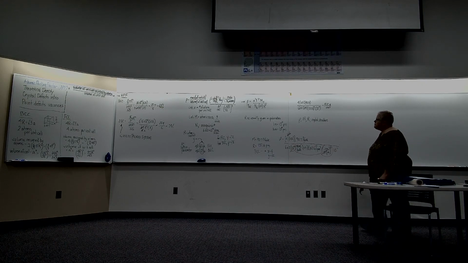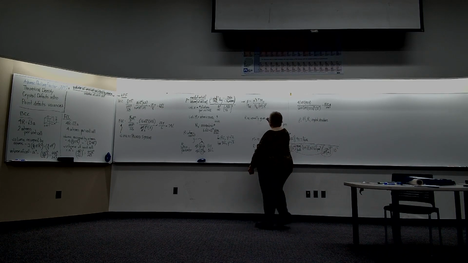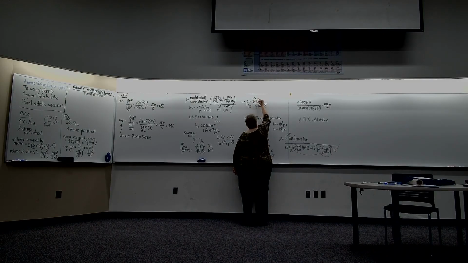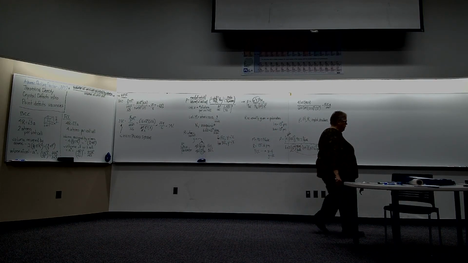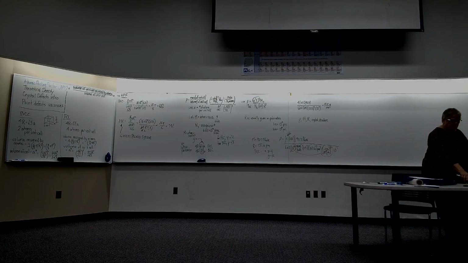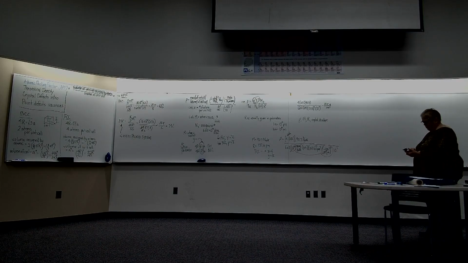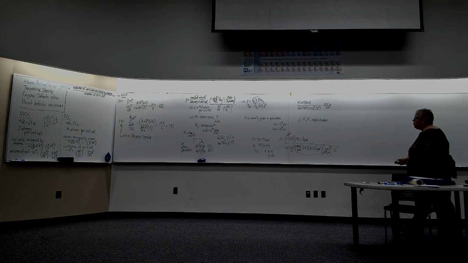Or we could find out what xy cubed is for BCC and what it is for FCC and solve for it. So for BCC, x is 2, y cubed is 3 root 3, so that's 6 root 3. That's 10.4.